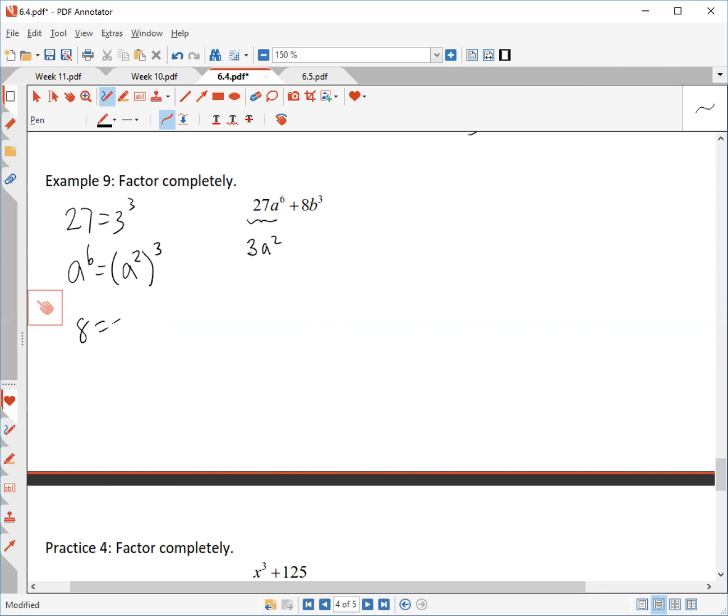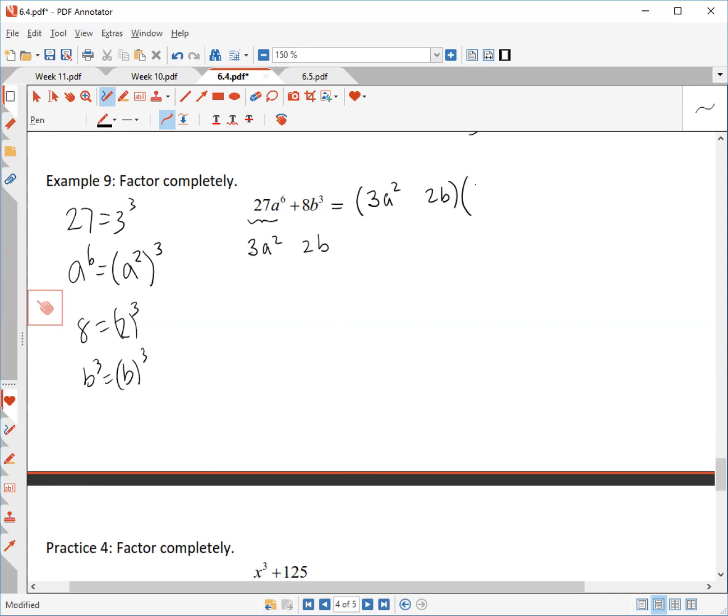Now 8 is 2 cubed, and b cubed, well, that's the cube of b. So that recovery gives us a 2b. All right, so those are our two pieces. We took the cube roots and we found our two pieces. We place them in there as they've been recovered, 3a squared and 2b.